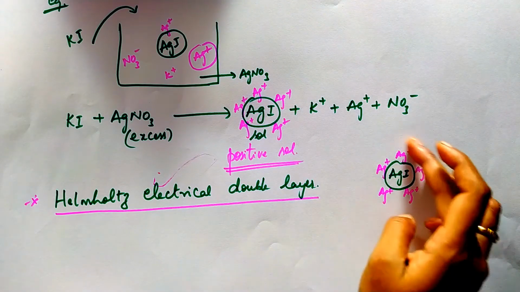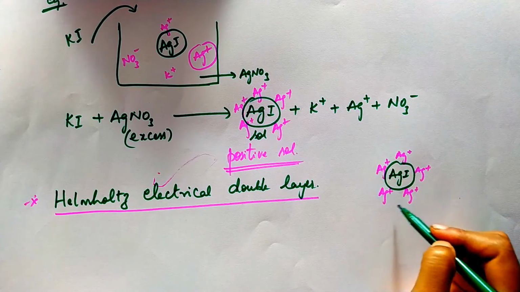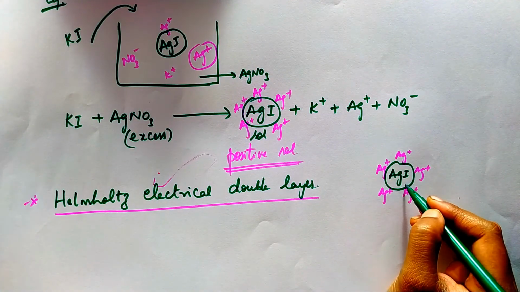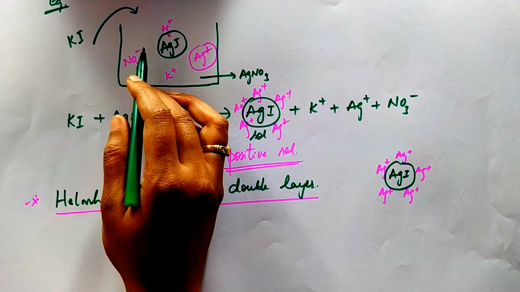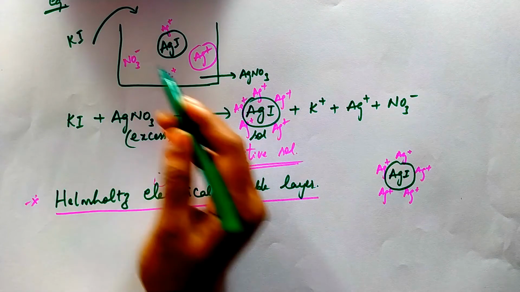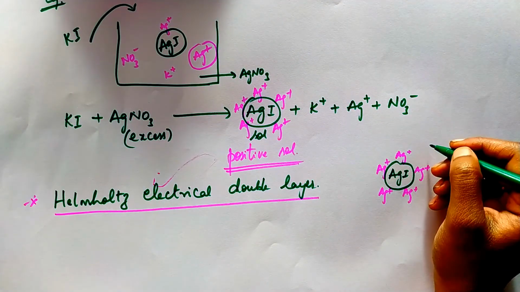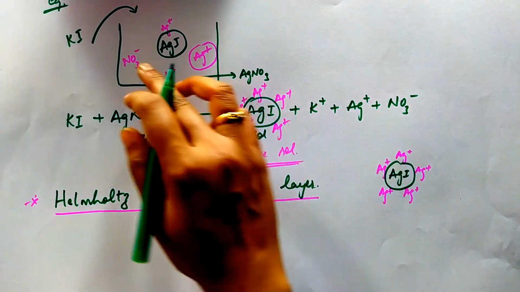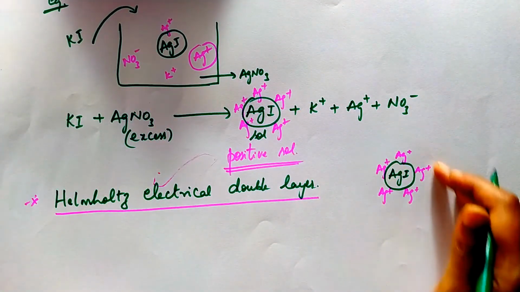So this sol gets positively charged. So how does it form a double layer? Next, after the positive charge is adsorbed on the colloidal particle, the solution also contains negative charge. Here the negative charge is NO3 minus. This NO3 minus is attracted to the Ag plus.